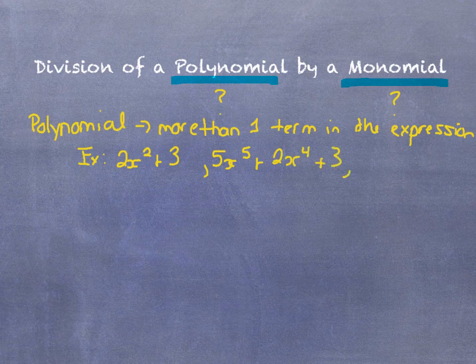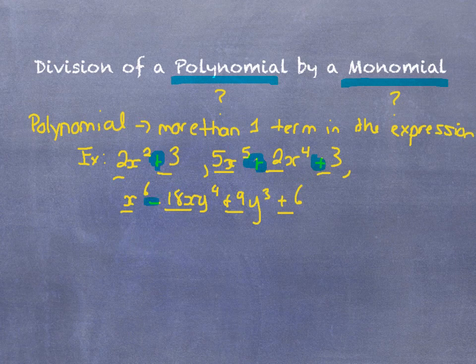Or something even more complicated, you could have like x to the 6 minus 18xy to the 4 plus 9y cubed plus 6. Okay? But these are all polynomials because there are two or more terms in the expression. And the other thing is that they are usually being added or subtracted. There is no multiplication or division going on in a polynomial.